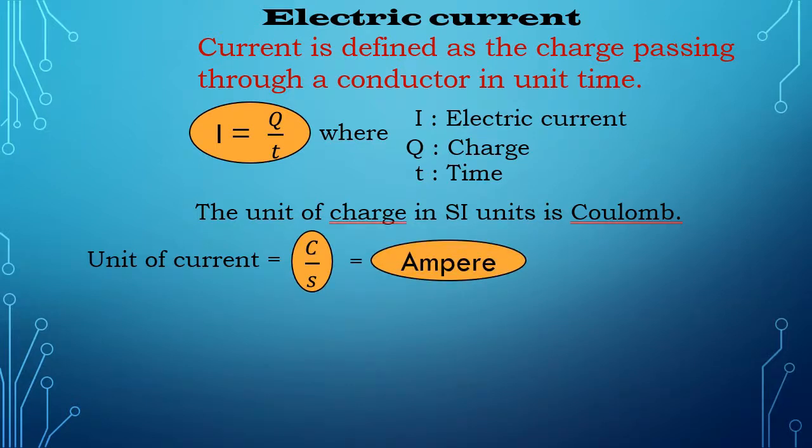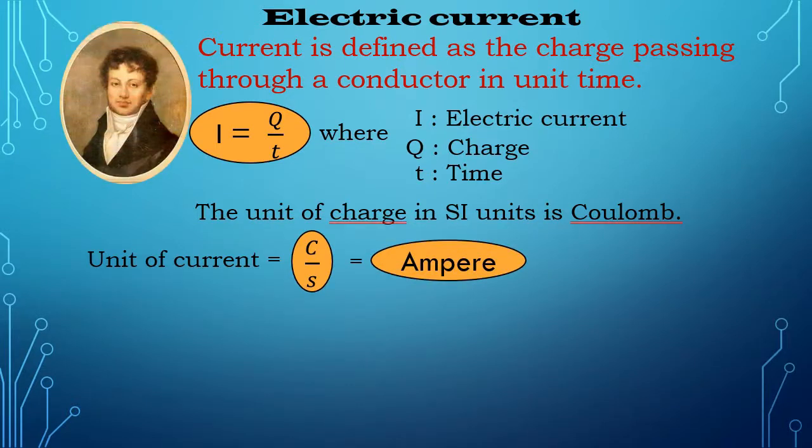The French mathematician and scientist Ampere conducted a number of experiments on electricity. Today, we can measure the current flowing in a conductor only because of his extraordinary work.